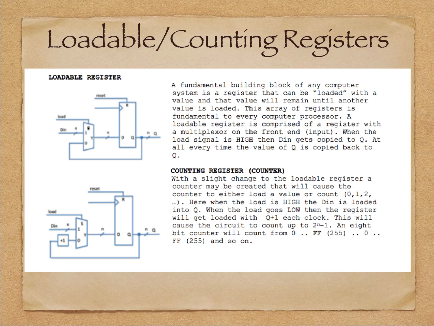When this is a 1, the mux selects the 1 path, so the data on our data in is presented to the D of our register. On the next active edge of the clock, that content gets loaded into our register. Then the load signal goes away.